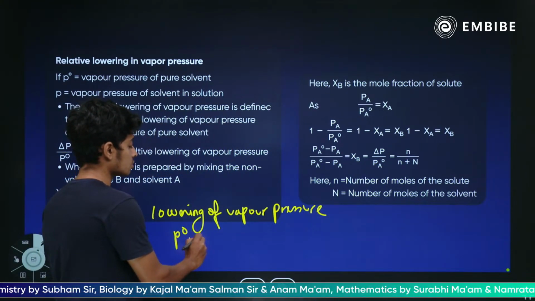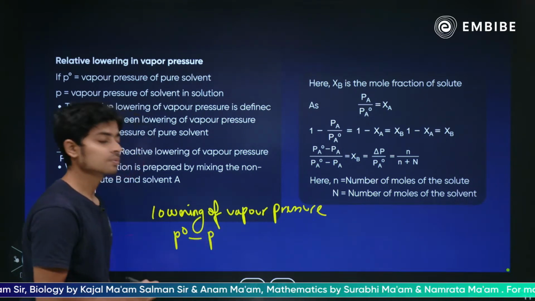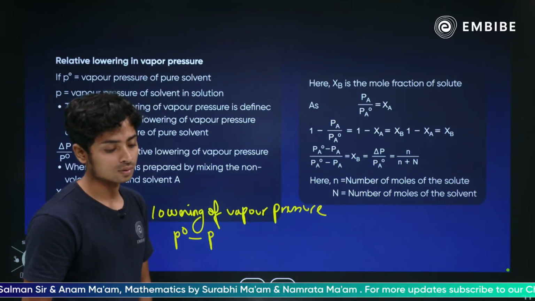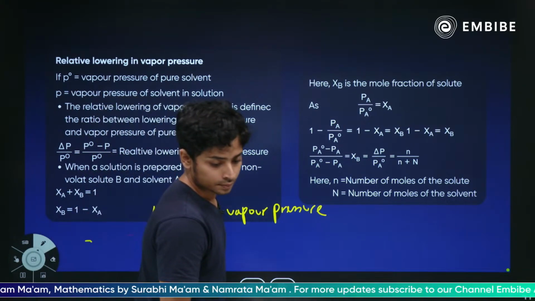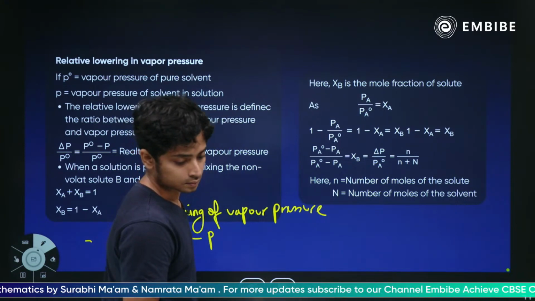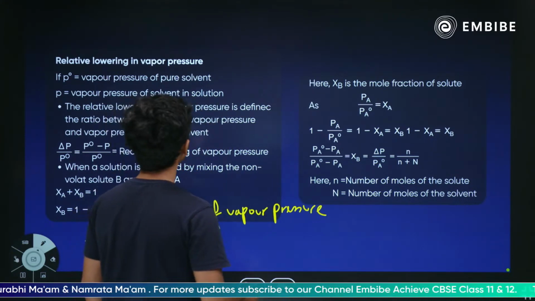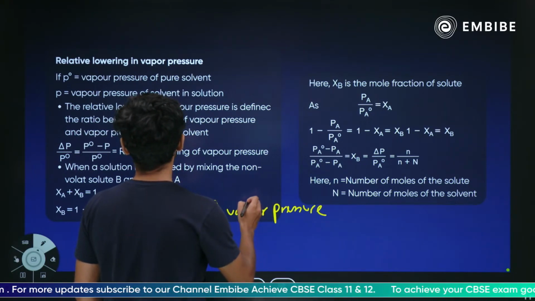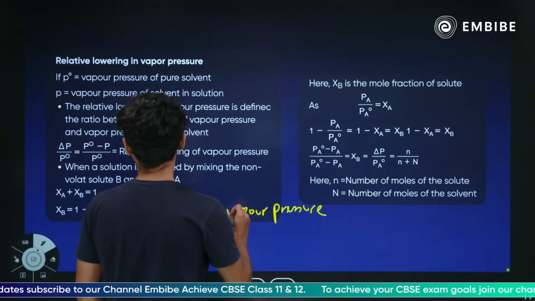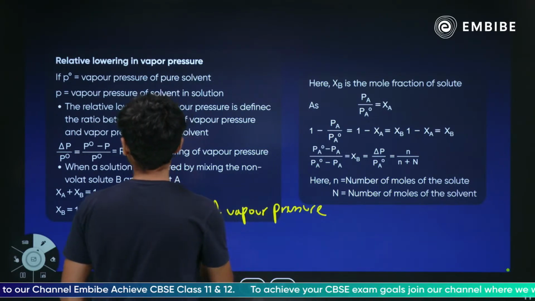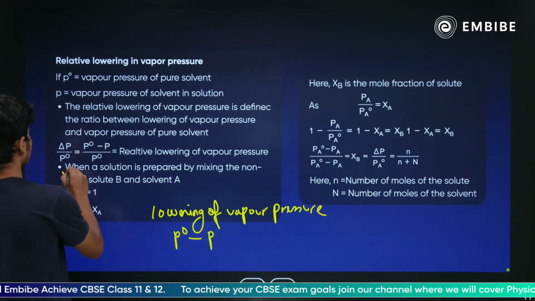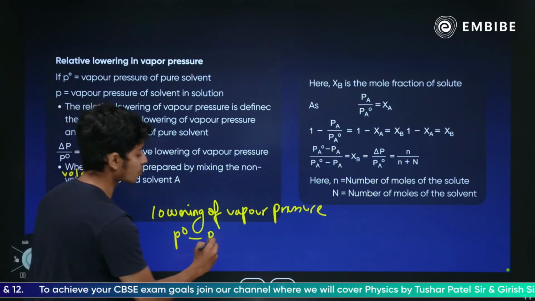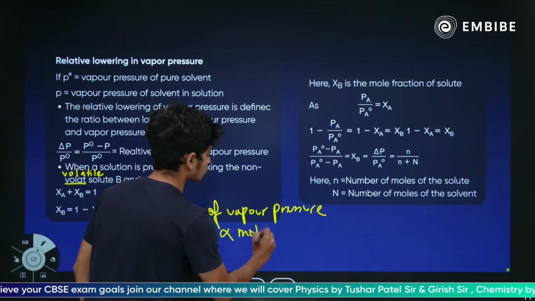The solution's vapor pressure is P. This lowering, P naught minus P, is proportional to the mole fraction of the non-volatile solute. Here the spelling of volatile is wrong, this should be volatile. So P naught minus P is proportional to the mole fraction of solute.